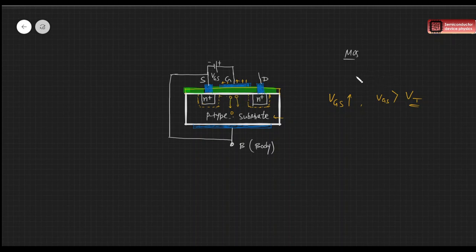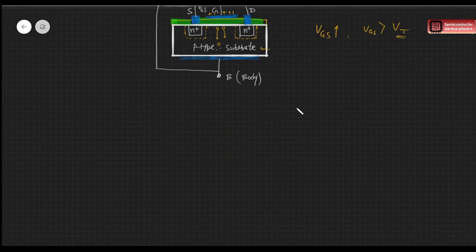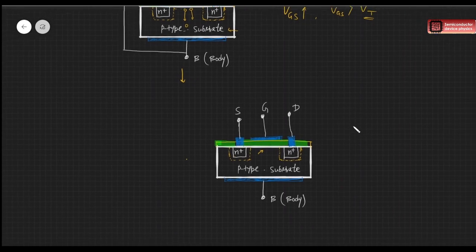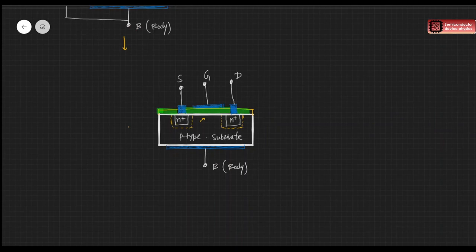So we can draw this again. We'll just modify this. So at this time, when VGS is greater than VT, the threshold voltage, we have an n-type semiconductor here, right?